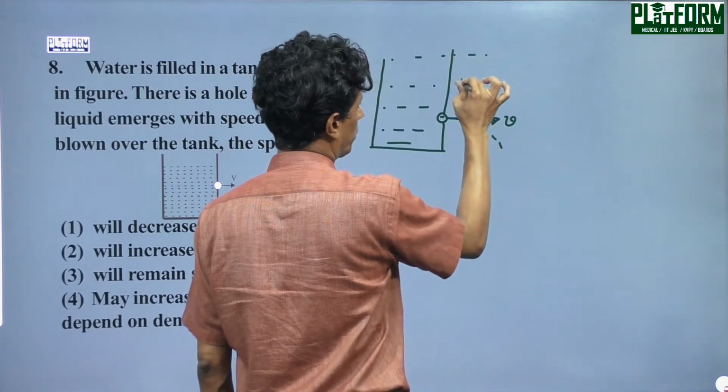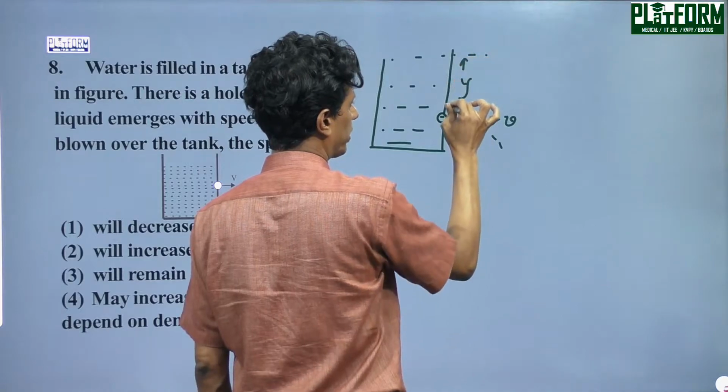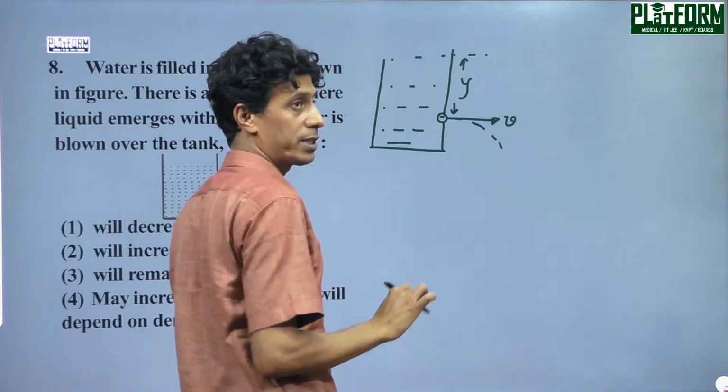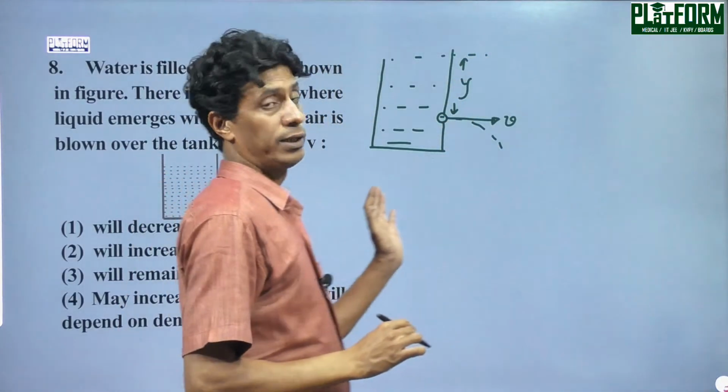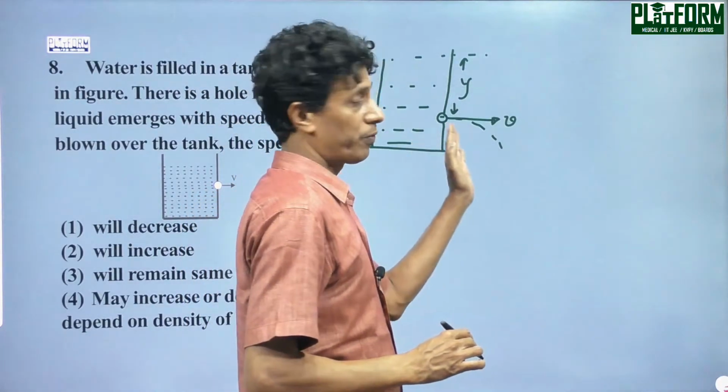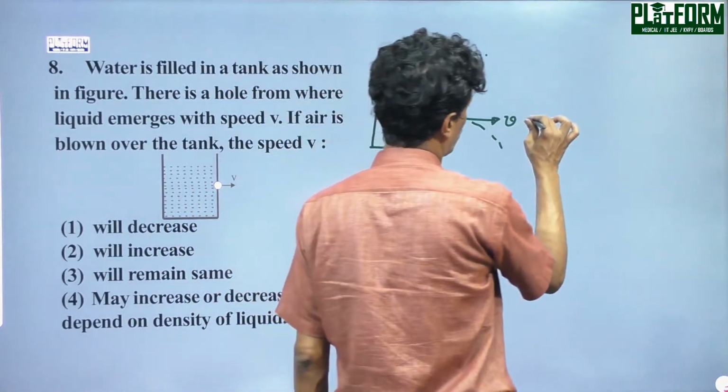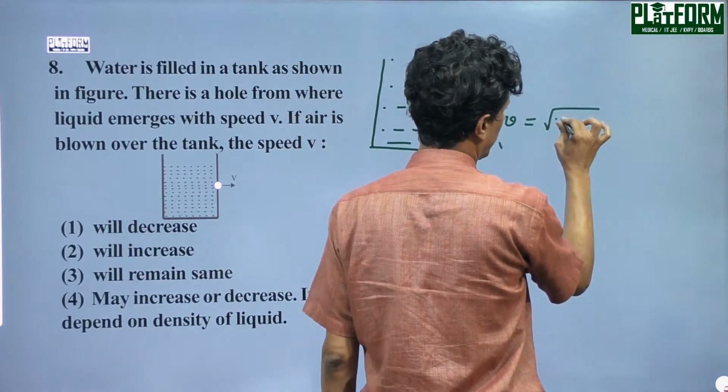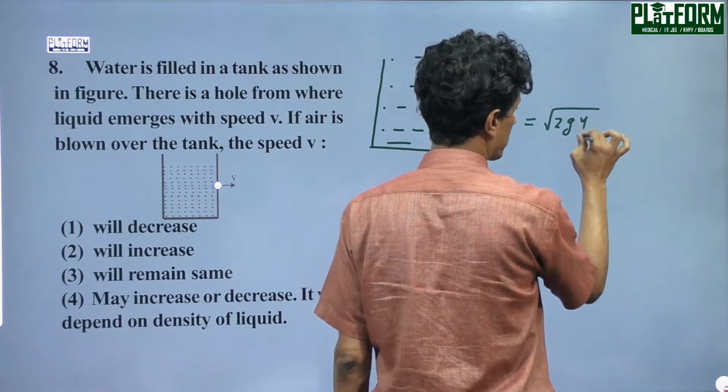If the depth of the orifice is y, the velocity of liquid flow emerging out of the orifice is equal to root over 2gy by applying Bernoulli's theorem.